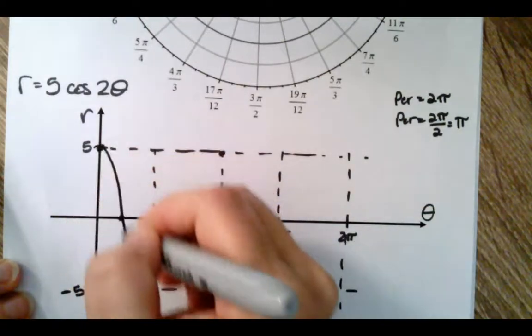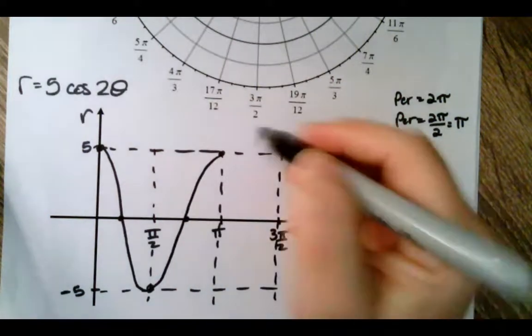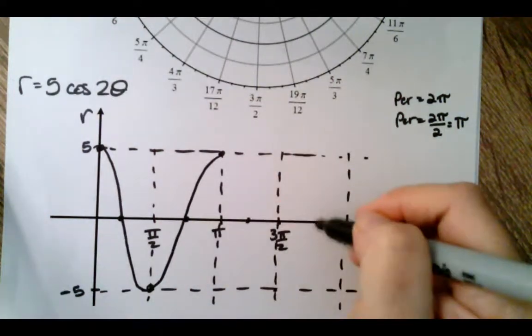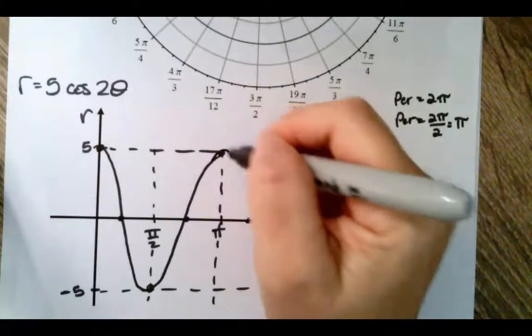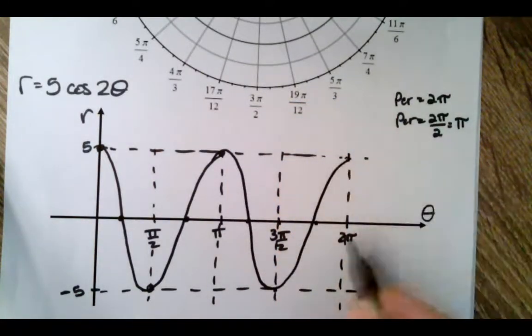Here we have one cycle of cosine, and then it's going to repeat again. By the time we get to 2 pi, we have 2 full cycles of cosine. Now let's talk about how we translate this to the polar graph.